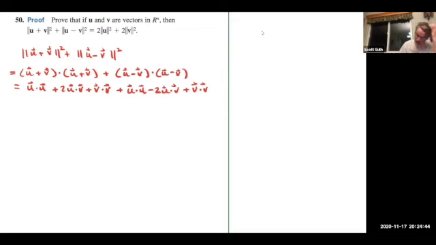And the u dot v's cancel because you see them on the left positive and on the right negative, like that. And if you notice, there's 2 u dot u's. So now you can just say there's 2 u dot u plus 2 v dot v, like that. And of course, that's 2 magnitude of u squared plus 2 magnitude of v squared. And we're done.